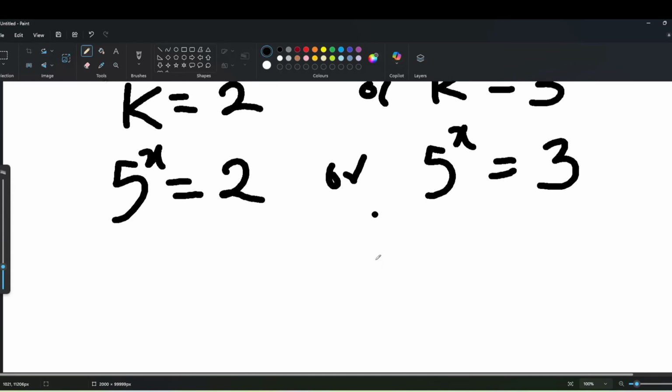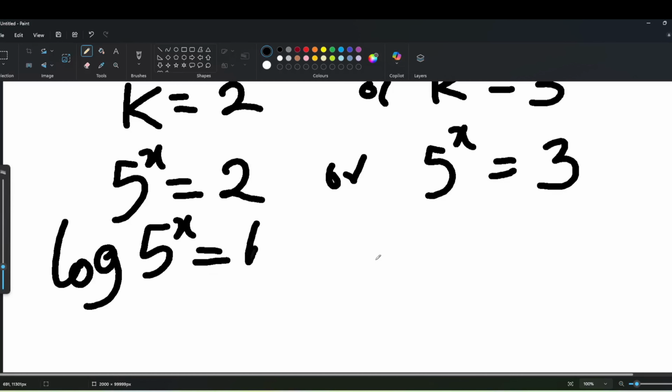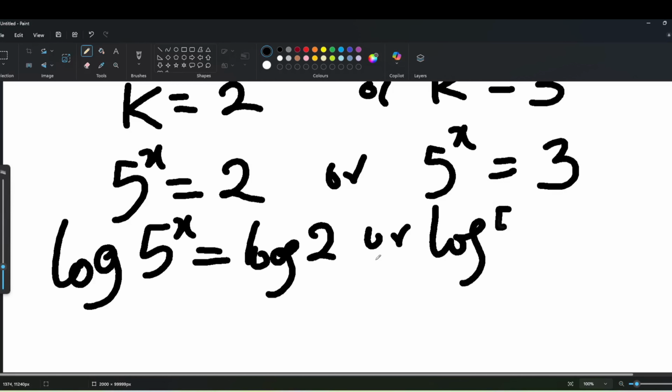So we just introduce log to both sides. That's a simpler way to get this expression. So introduce log to base 10 on both sides. And here also we do the same thing, log 5 raised to power x equals log 3.